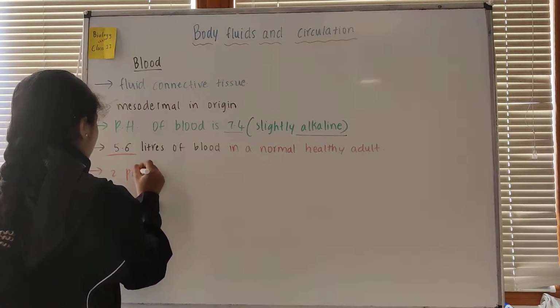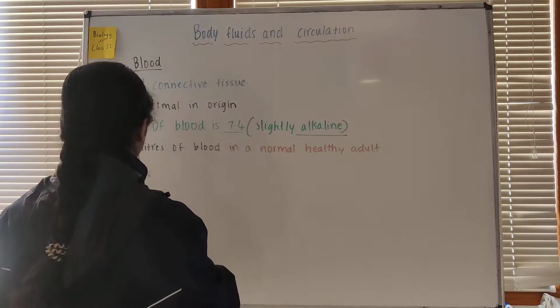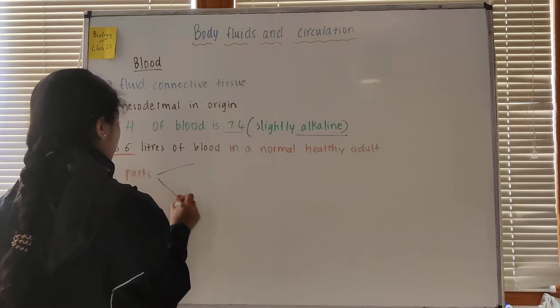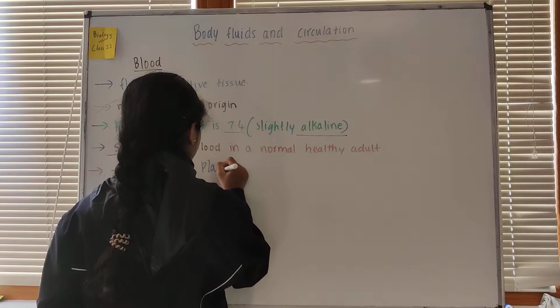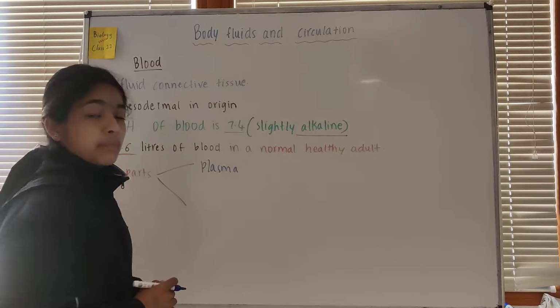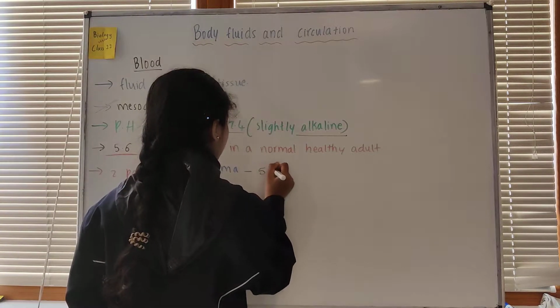It consists of two parts. They are plasma, which is the liquid part of the blood, and it makes up 55%.